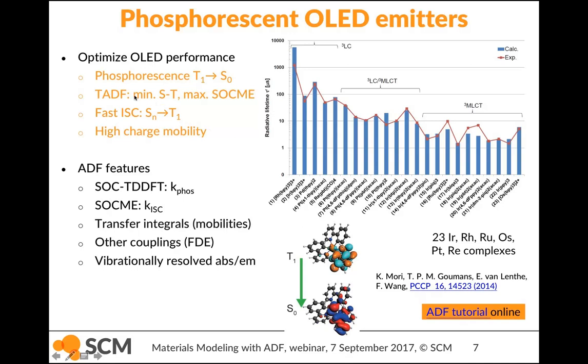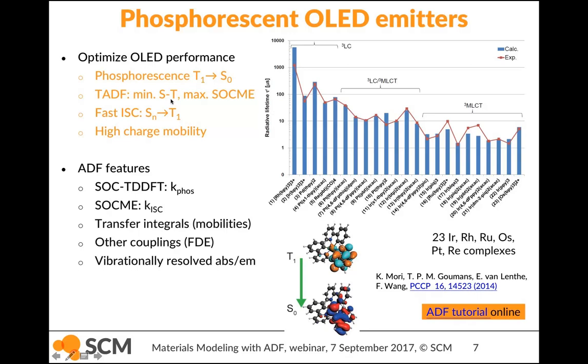More recently, there's another class of OLED devices, which is based on TADF, and that's moving away from transition metal complexes, but still spin-orbit coupling matters there. So these are typically organic materials, where in order to optimize the radiative rate, we want to minimize the singlet-triplet gap.